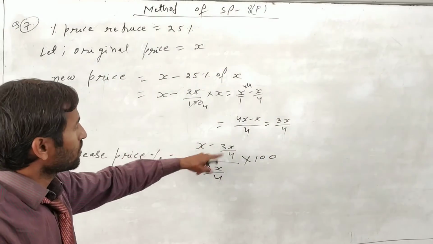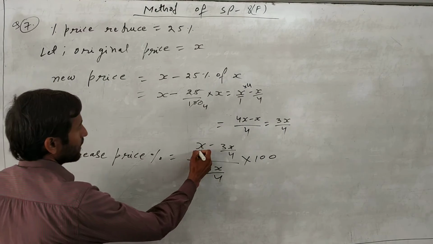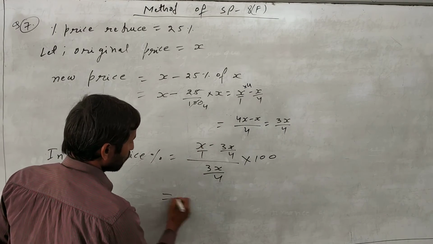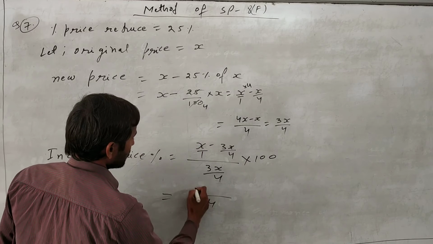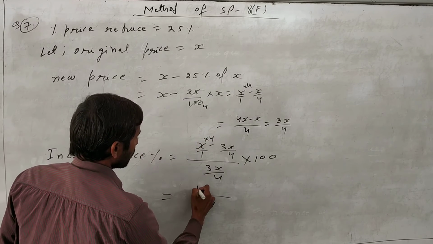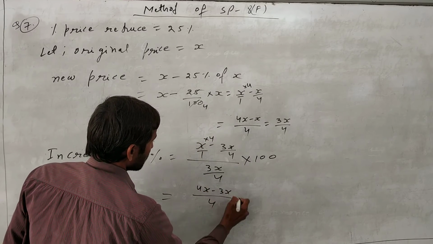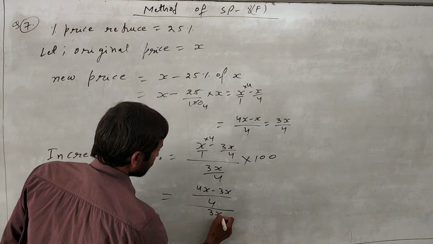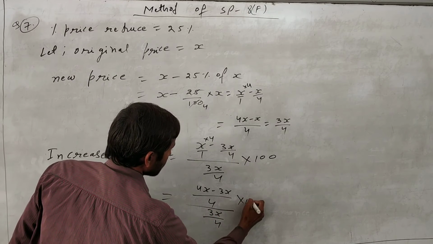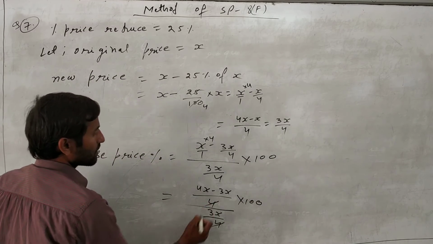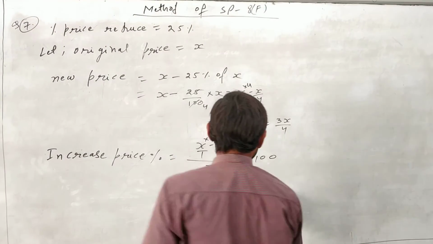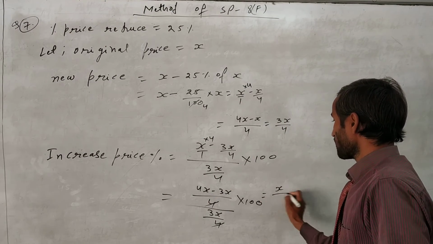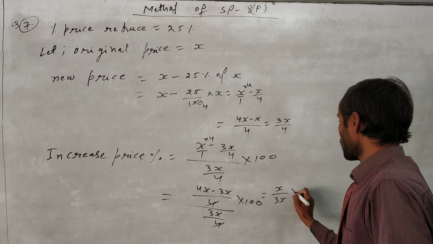Now just simplify here. Again we take the LCM, it becomes 4, and we multiply here by 4. So 4x minus 3x upon 3x upon 4 into 100. Now this 4 will cancel out. Subtracting 4x minus 3x gives x, and here 3x into 100.